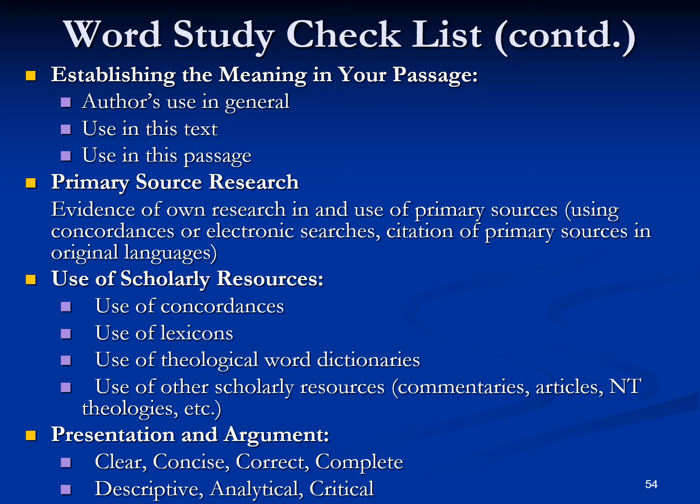Be clear, concise, correct, complete, be descriptive, analytical, and critical. And that is how you do a word study and write up a paper to present your own work with primary texts.